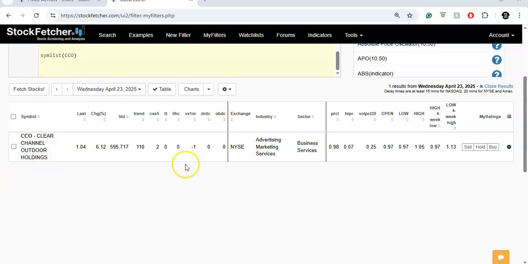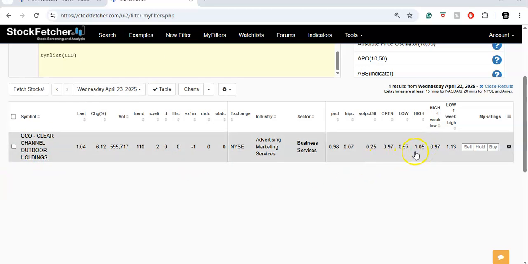Well, you can see right now, it hit a high of $1.05. So there was a chance to make more, but once again, I didn't know this stock, so I just played my game. So you can see previous close, high minus previous close.